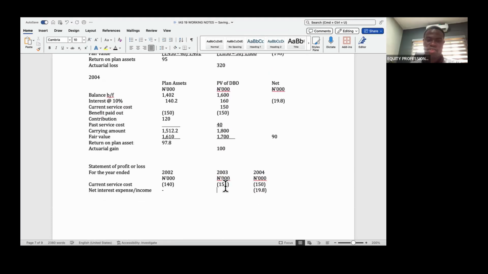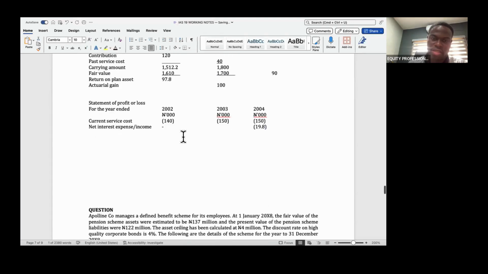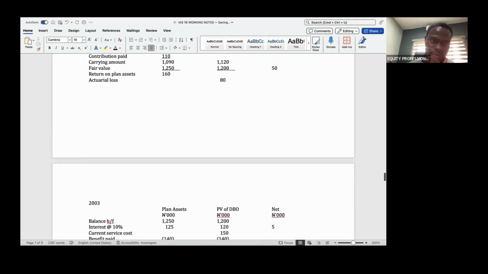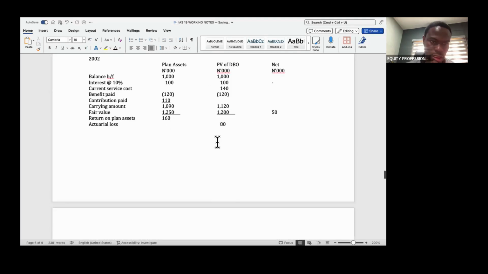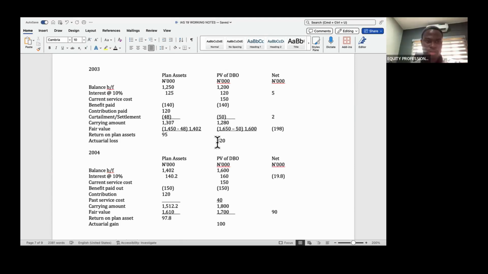So what's the net interest expense for 2003? It's 5. And this one is not even an expense, it's a net interest income because the asset side is higher than the liability side. So it won't be in brackets. 5. Which other one? Past service cost.